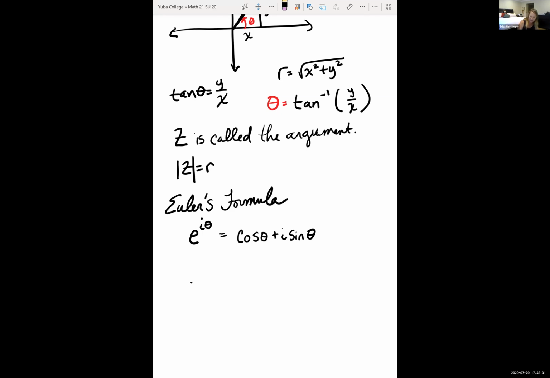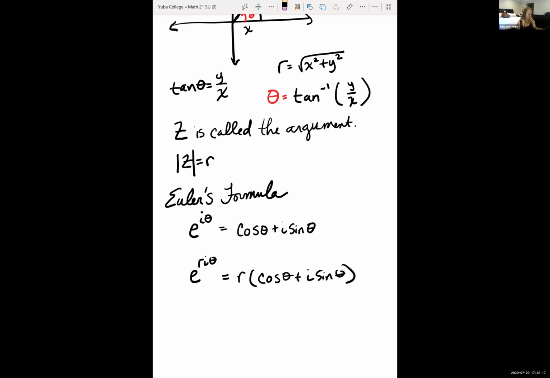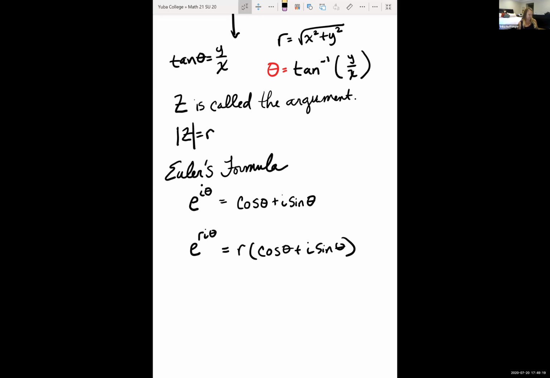And if you had e raised to the r i theta, this is equal to r times cosine theta plus i sine theta. So this is the exponential form of the complex number.